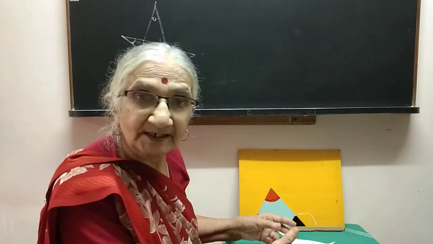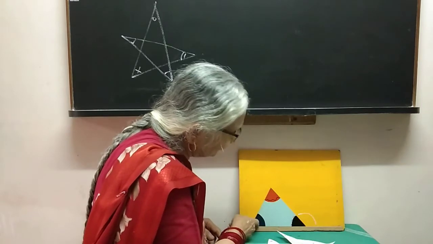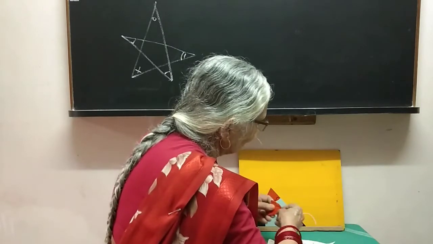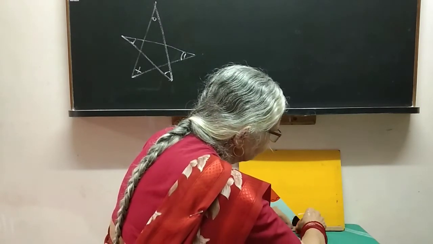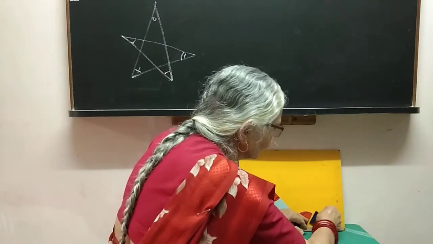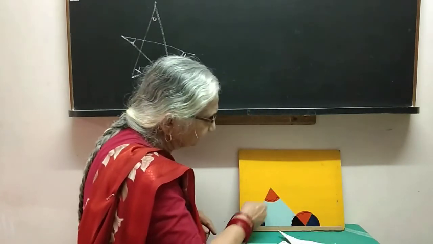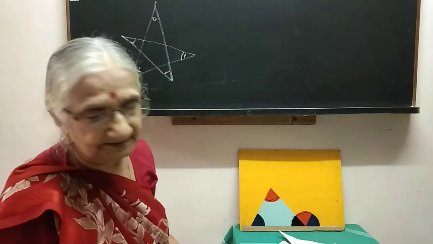We can use the same model. We should show that this angle is equal to orange plus blue. This is orange and this is blue. And you can see that the exterior angle is precisely the sum of these 2 angles.